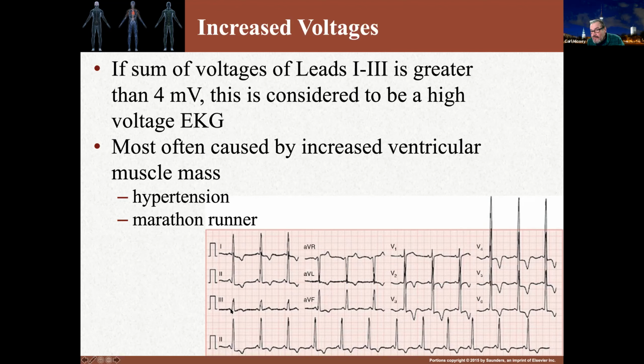And then in lead 3, we've got another 0.7 or so. So we're at 4.2 millivolts. So this is a high voltage EKG. And of course, notice how much voltage you see here in V4 and V5.